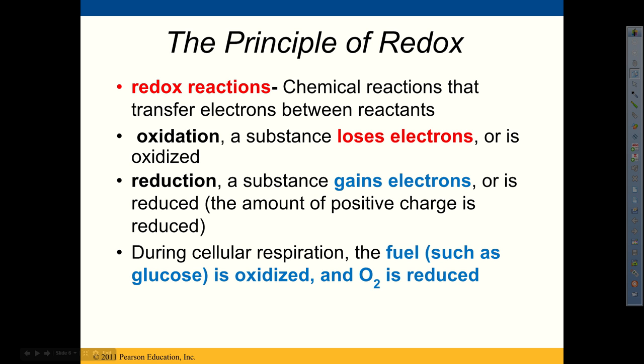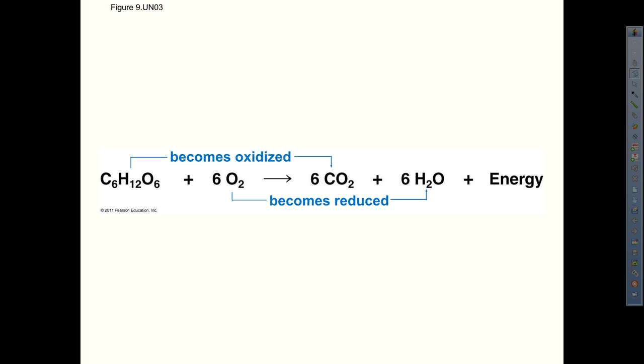During cellular respiration, our bodies are using oxygen as the final electron acceptor. Oxygen is going to become reduced and form water. As a byproduct of this process, we form a large amount of ATP.